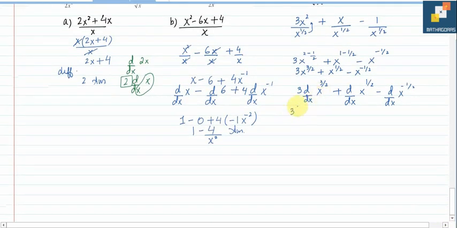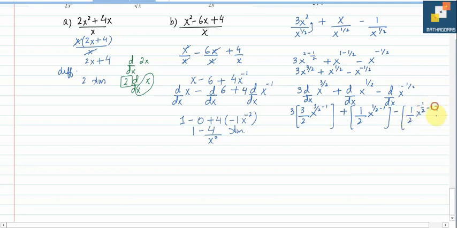So 3, first we write down the power, then subtract 1 from the power, 3 upon 2 minus 1, right? Plus the same rule applies here. First we write down the power and then subtract 1 from the power, minus 1 upon 2 x to the power minus 1 upon 2 minus 1.